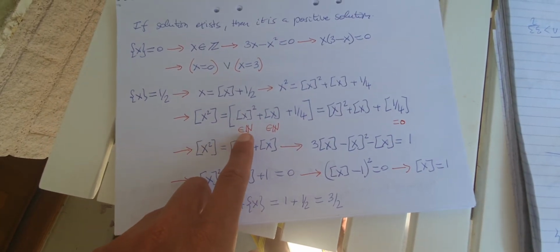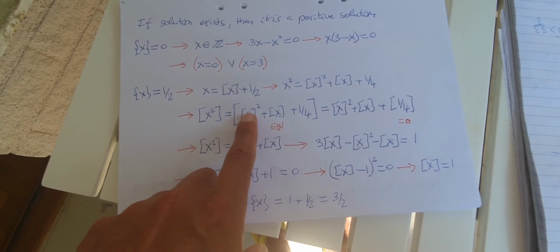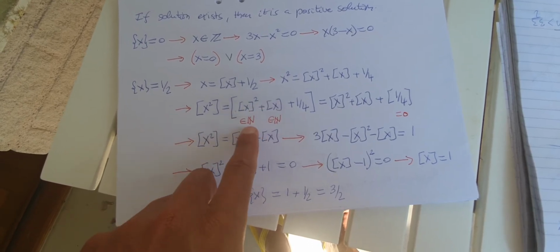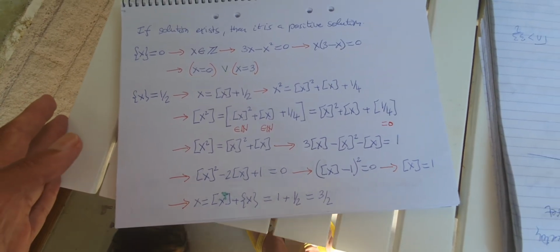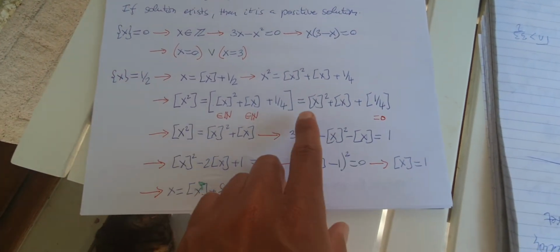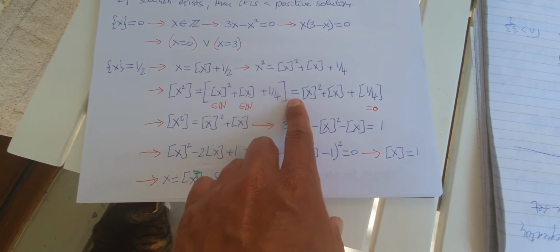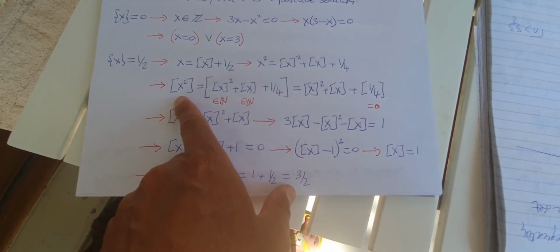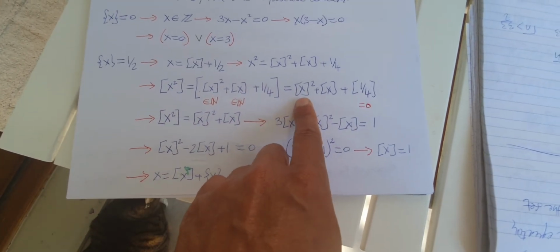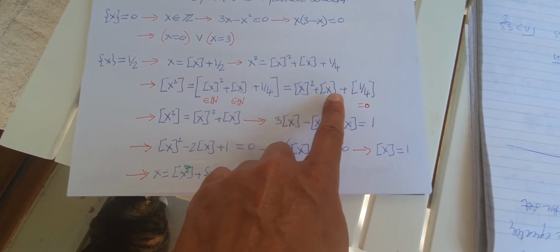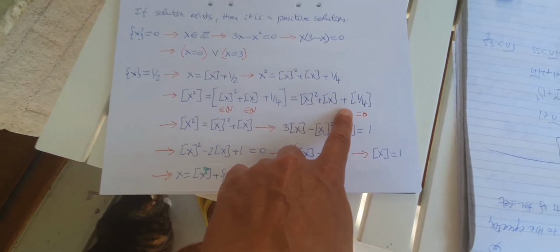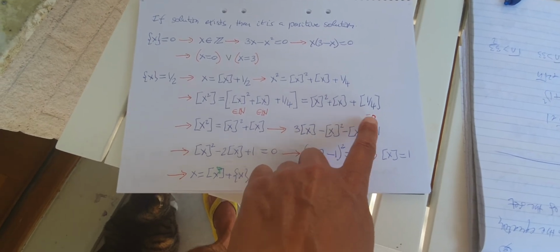And now since this term and this term are integers, then I can move them out of the square brackets. So the integer part of x squared is equal to the integer part of x squared plus the integer part of x plus the integer part of 1/4, which is 0.